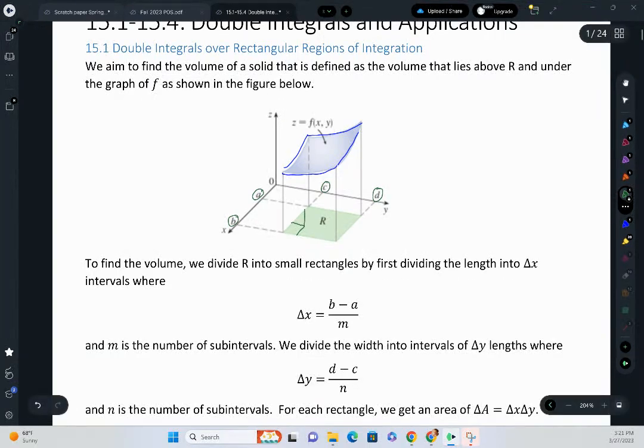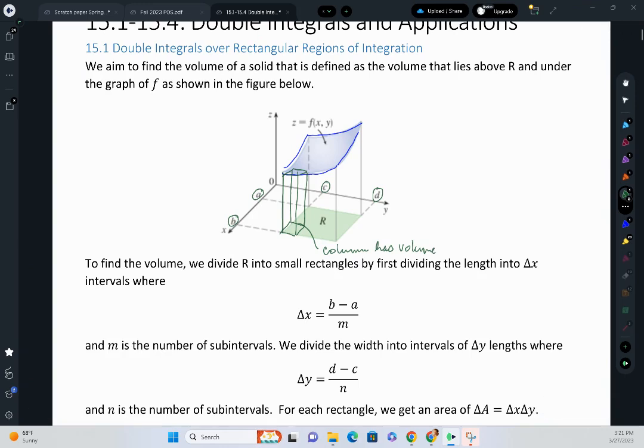If I was to draw a column up to the surface, then here's what I've got. This is like a column, and it's three-dimensional, and it has a volume.